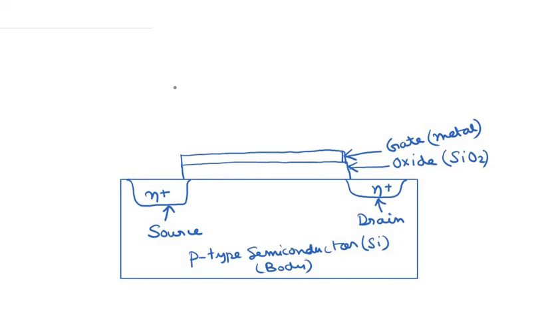Okay, so we connect a potential, or a battery, between this body and the gate.